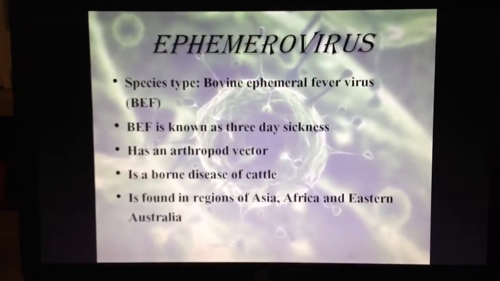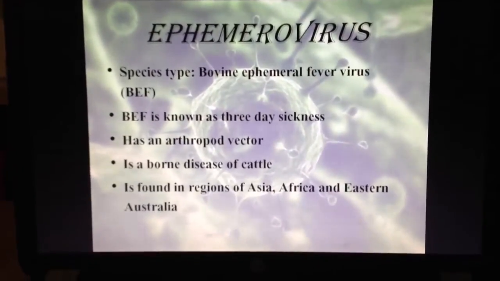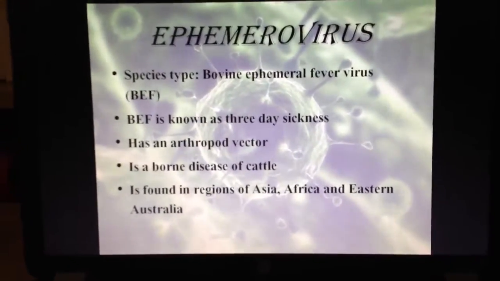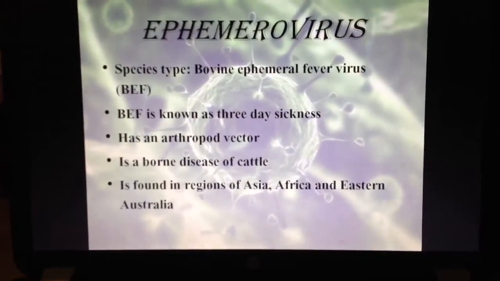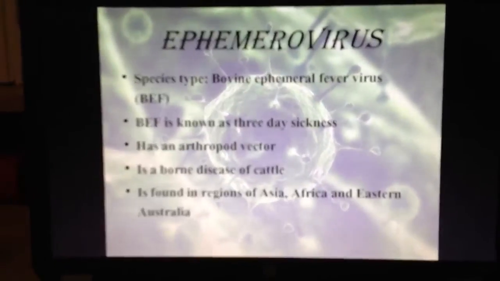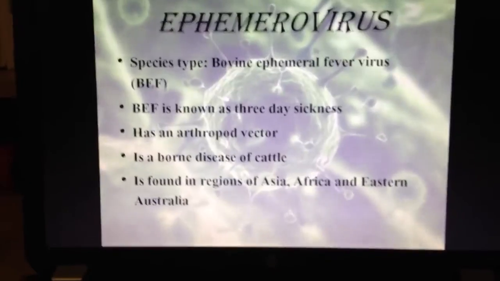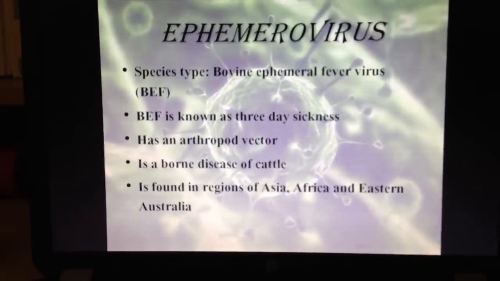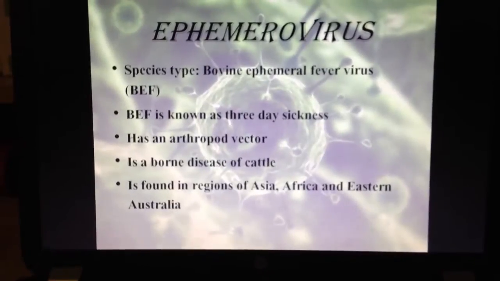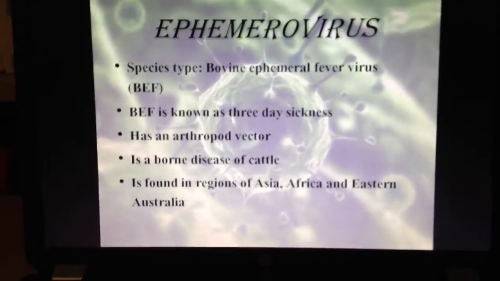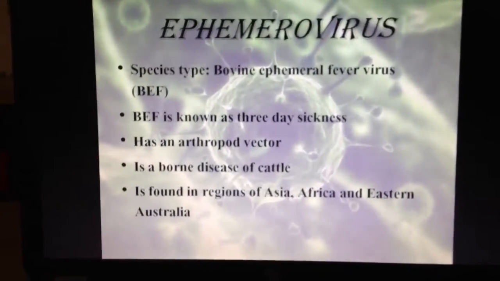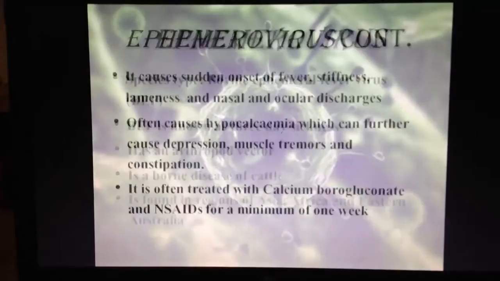Now, a little bit about the ephemerovirus. The species type that we'll be focusing on is the bovine ephemeral fever virus, or BEF. BEF is known as three-day sickness. It has an arthropod vector. It is a vector-borne disease of cattle, and it is found in regions of Asia, Africa, and eastern Australia.